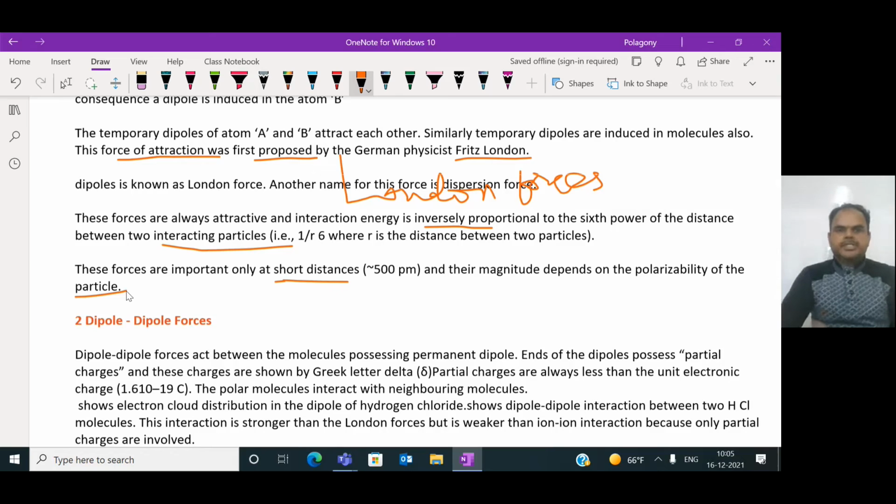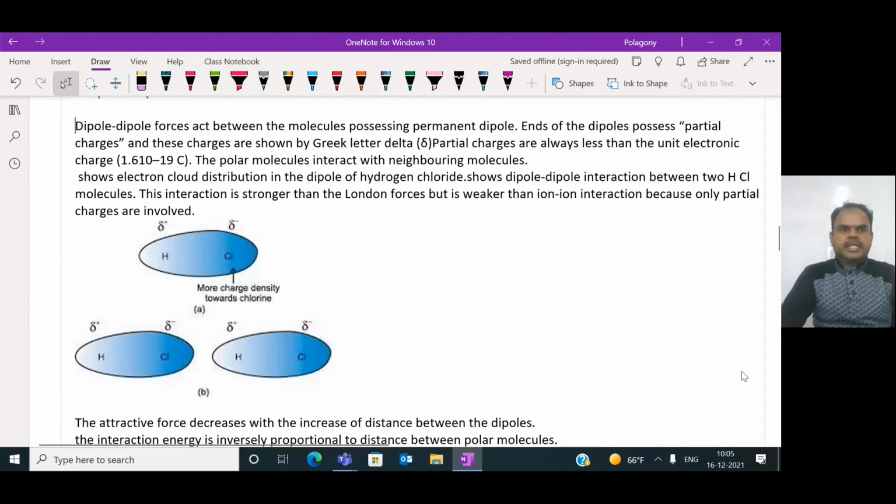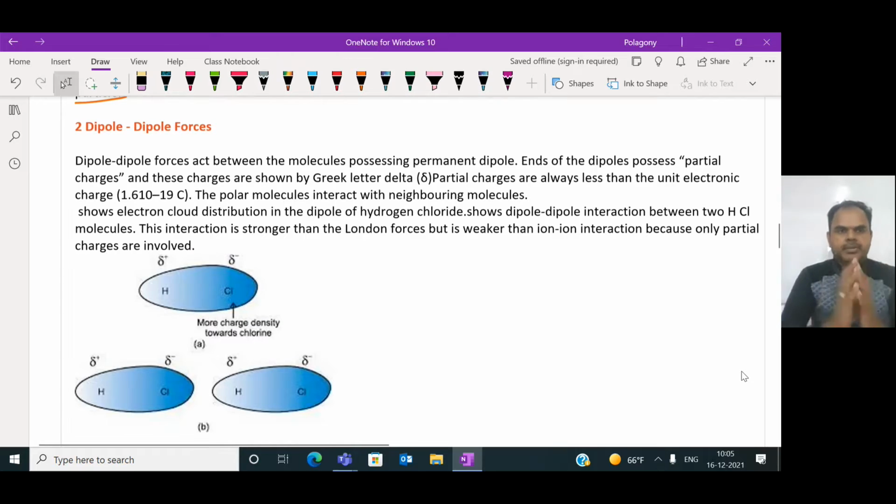Repulsive forces or dispersion forces, we say, are weak attractive forces among the molecules. Now the second type of intermolecular forces are dipole-dipole forces.